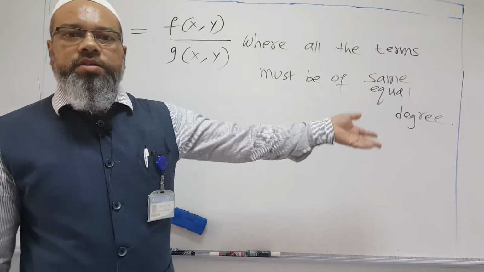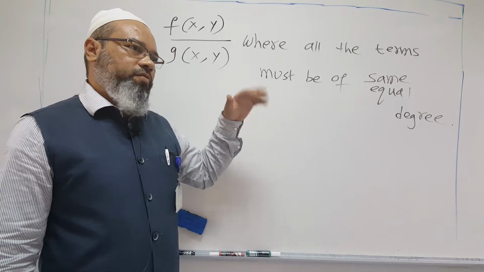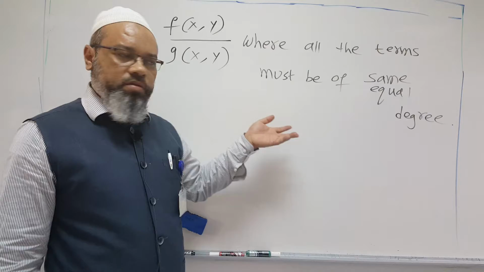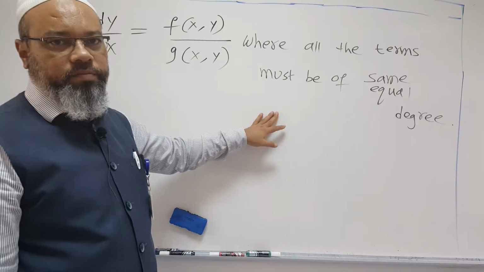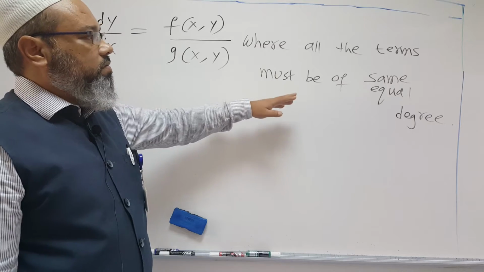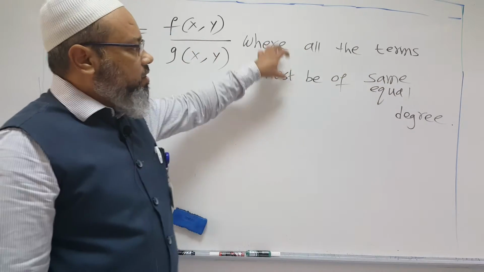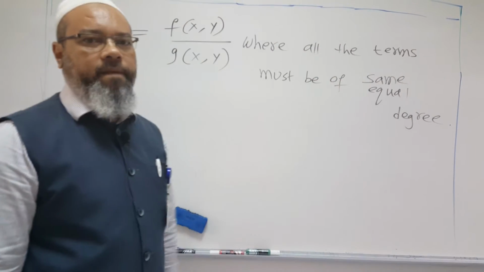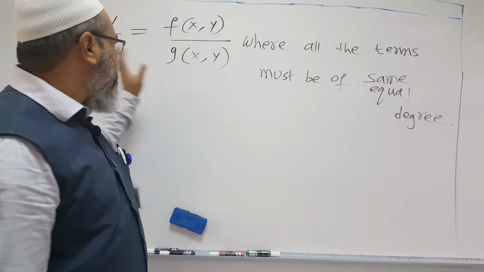If any given equation is not in this standard form, if possible we can reduce it to this standard form. First we will check the degree of all the terms. If the degree of all the terms is equal, then we can change the differential equation to this form.